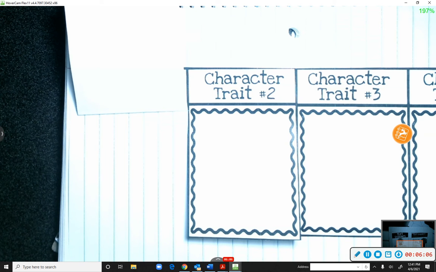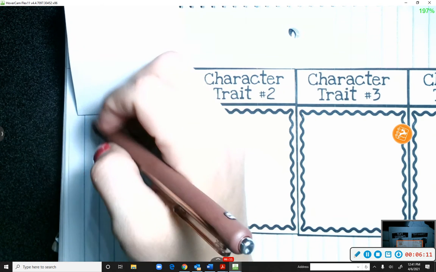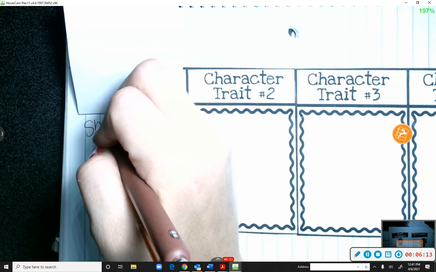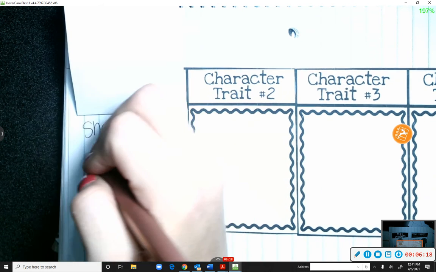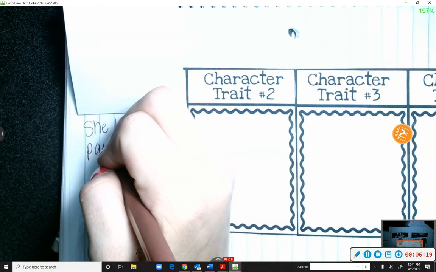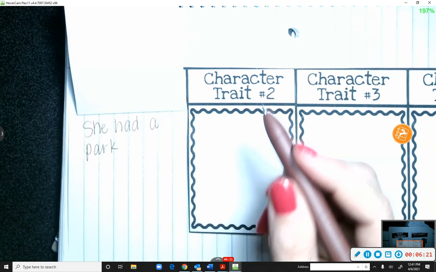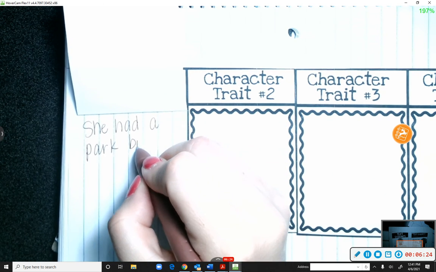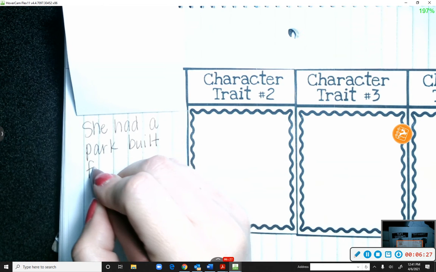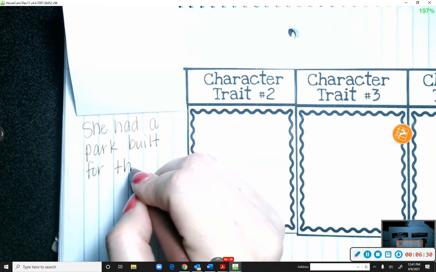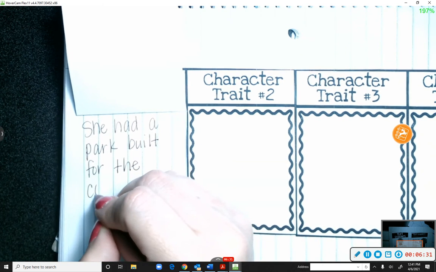Okay, so let's pick one example. Let's say she built a park for the community, right? Or she had a park built for the community.